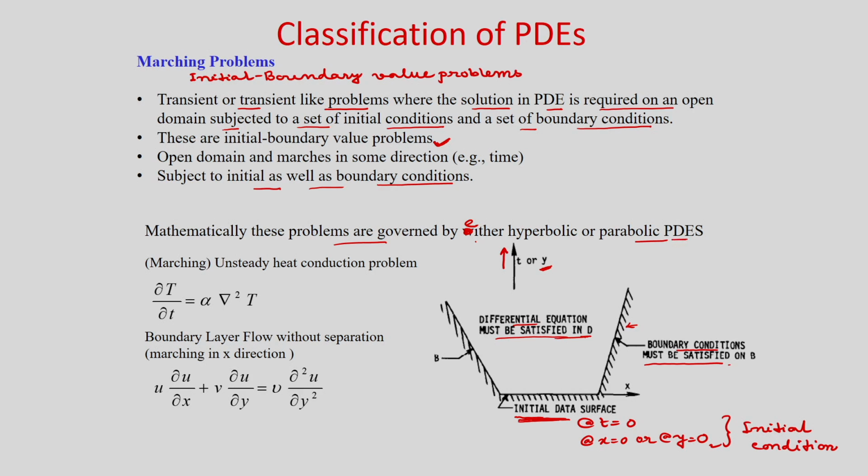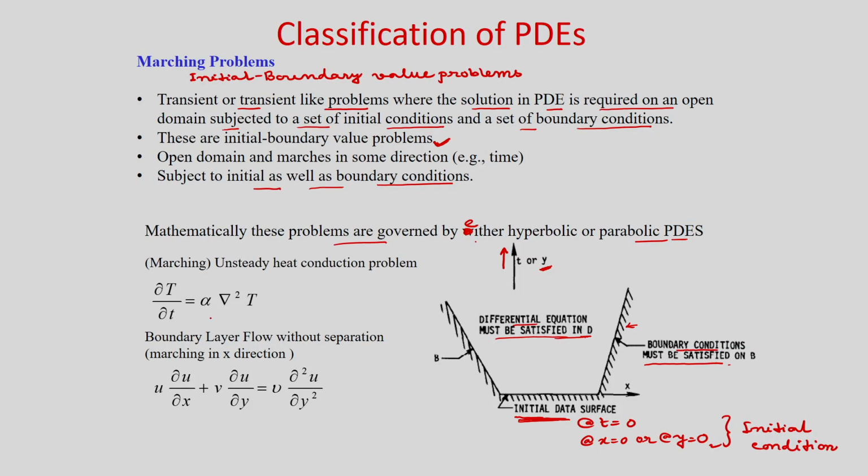Let us consider one problem, the one dimensional unsteady heat conduction problem. You can write this equation as del T by del t is equal to alpha del 2 T by del x square. If it is in 3 dimensions, you can write it in general like this, where alpha is the thermal diffusivity.